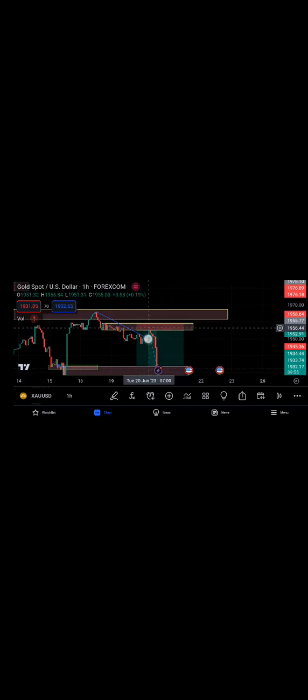But it was unable to break it. So it got to this zone and then sold. So I placed my sell limit here when gold got to this zone and it was unable to reach this zone and break these previous lower highs.